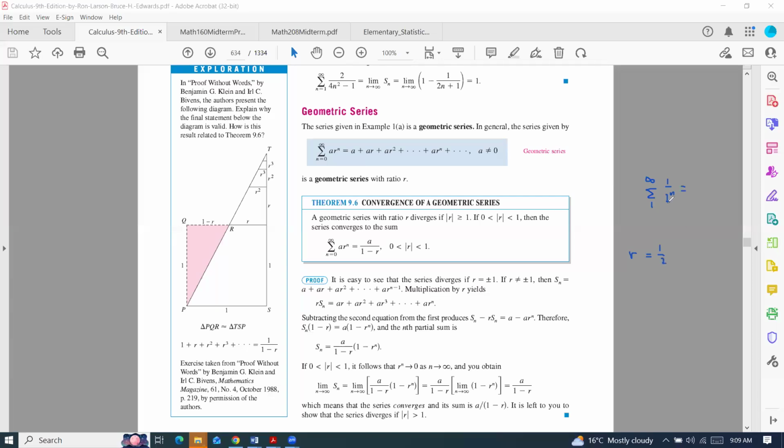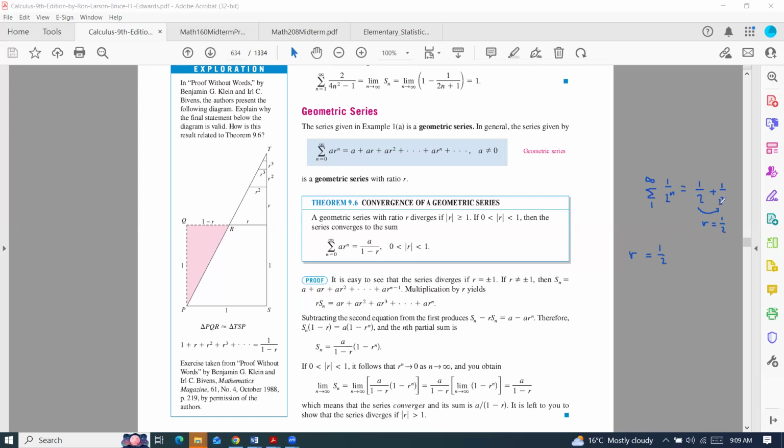Well, because the first term is 1 over 2 when n is equal to 1, and the next term is 1 over 2 squared. Please notice that to move from the first term to the next term, I need to multiply by 1/2.